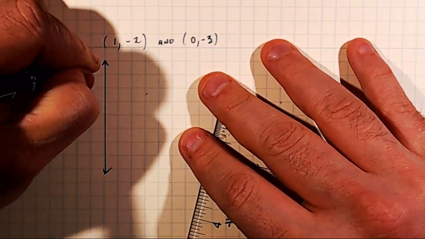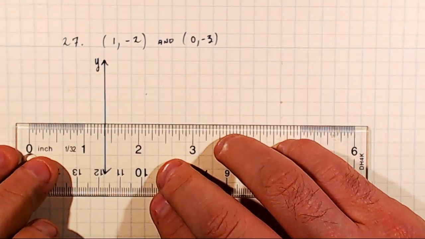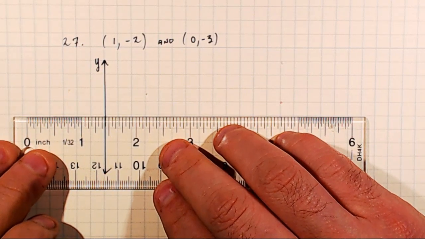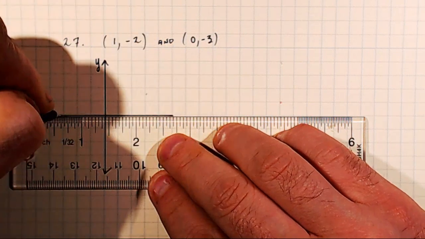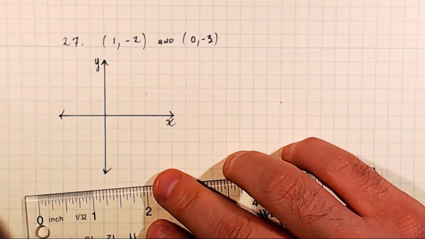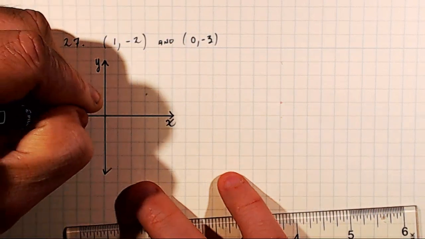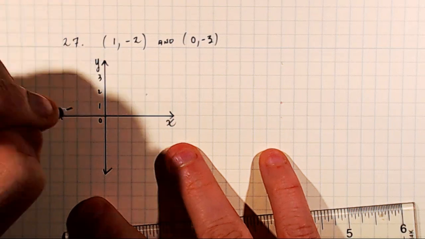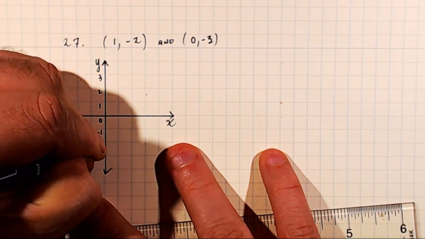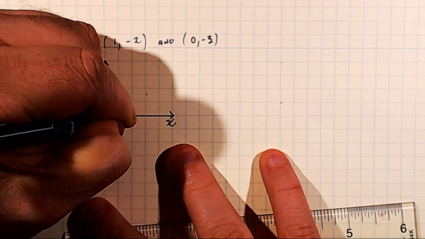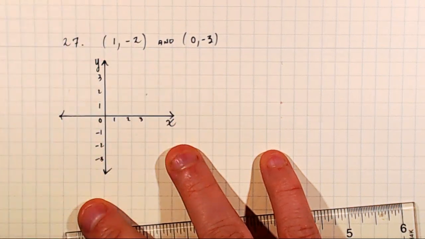Okay, so this is the y-axis, and here's the x-axis. Okay, and this is going to be 0 right here. 1, 2, 3. -1, -2, -3. And 1, 2, 3 here.